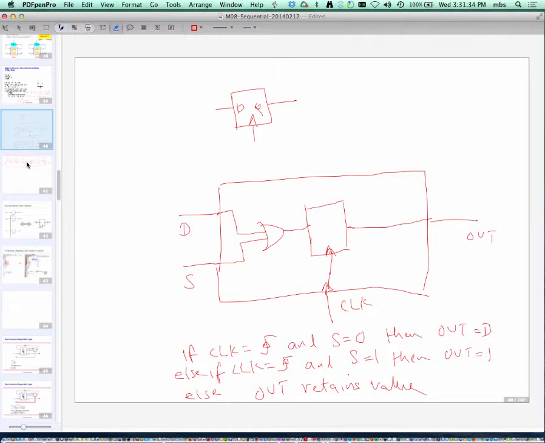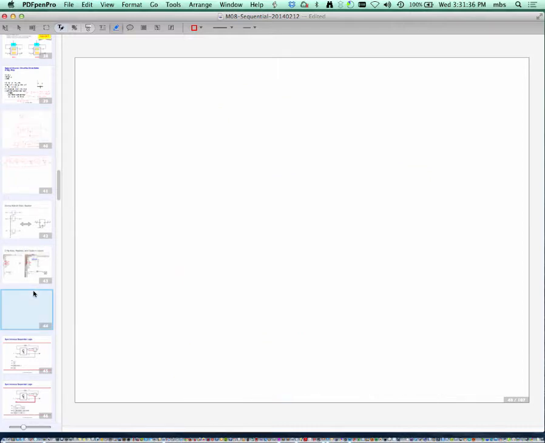Okay. So let's imagine I want to create something different. I want you to create a module which takes a clock input, which has two data inputs, let's call them D0 and D1. It has an output called Q, and it has an input called select. And what I want you to do is the following.